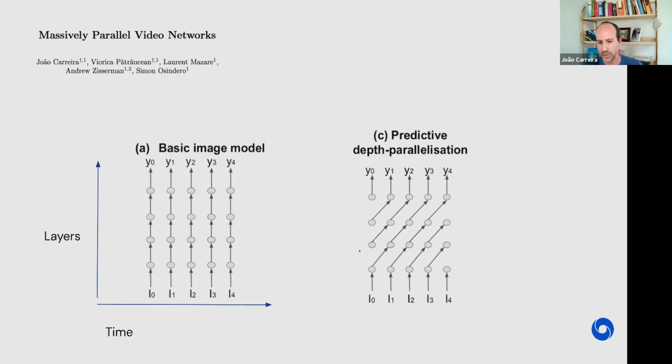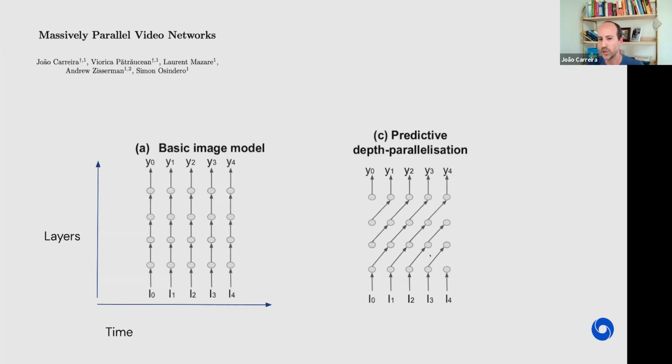Our very simple idea here was to, instead of having these vertical arrows, have these diagonal arrows. Now all the layers can process in parallel. The problem is that, of course, the last layer is not receiving activations from the corresponding image. But if we can train the model to predict the future, so let's say the model sees image 0 and wants to predict Y3, then all the layers can be processing in parallel.